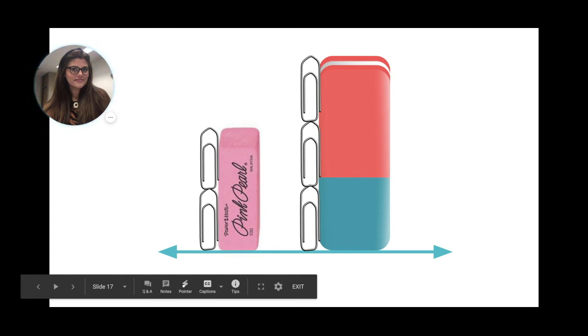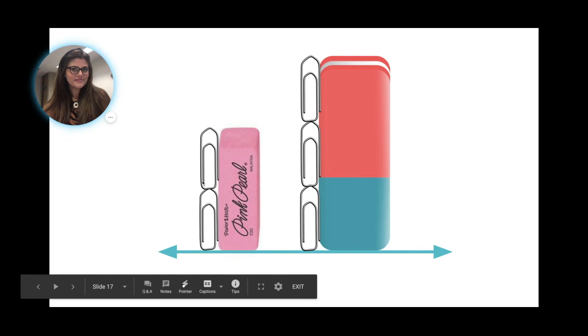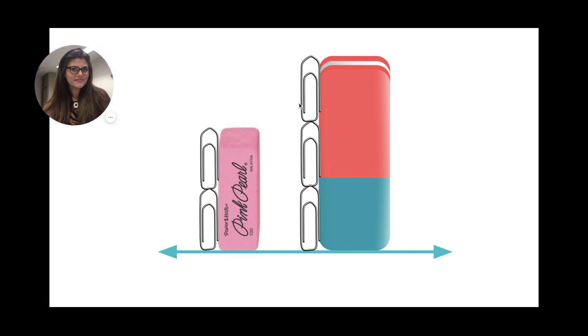So you see, I've added the line at the bottom to make sure they are perfectly aligned and have the same starting base point. We count 1, 2 paper clips tall, so 2 paper clips in height for the pink eraser, and 1, 2, 3 paper clips in height for the pinkish blue eraser.